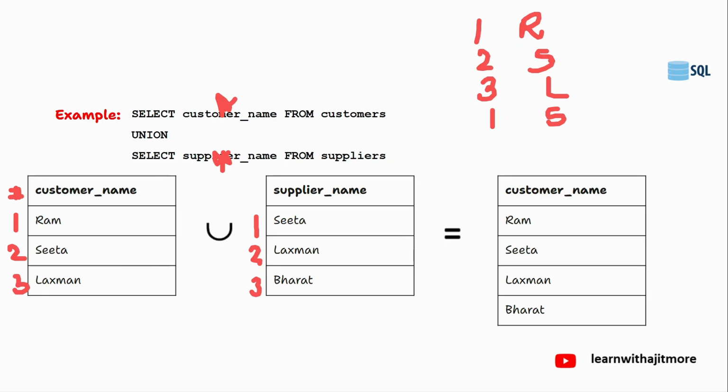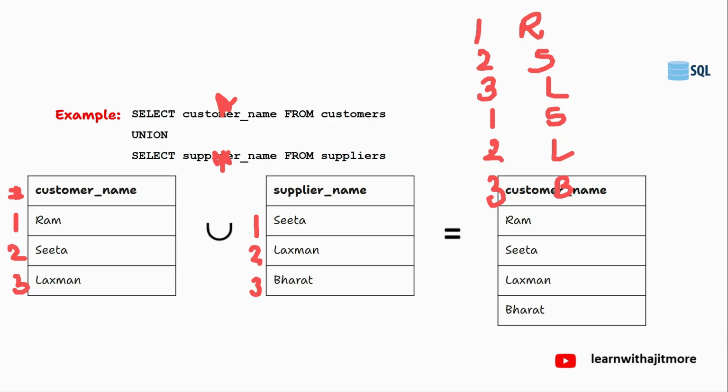Understanding? So here only Sita, but the row number is different. Here Sita, but the row number is different. Therefore, they are considered distinct records. 2 Sita, 1 Sita, a different record. Same way 2 Lakshman, here 3 Lakshman and 2 Lakshman, they are different. Getting? And 3 Bharat you will get. Means here Sita and Lakshman are coming twice. Why? Because their IDs are different.